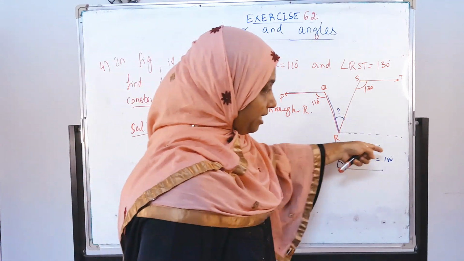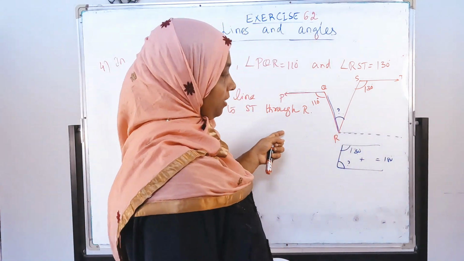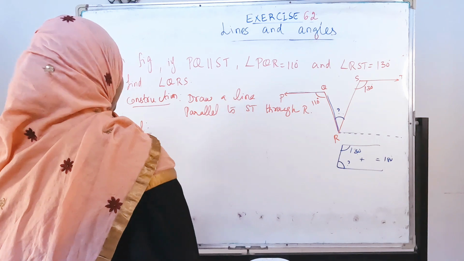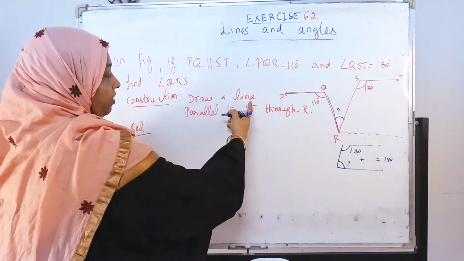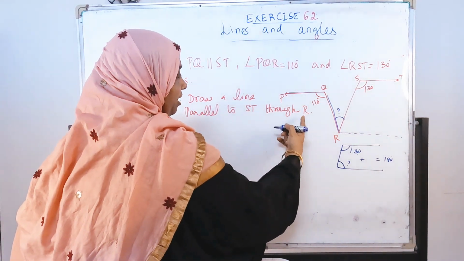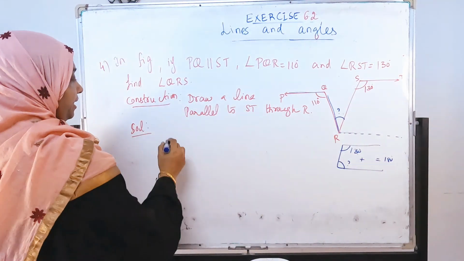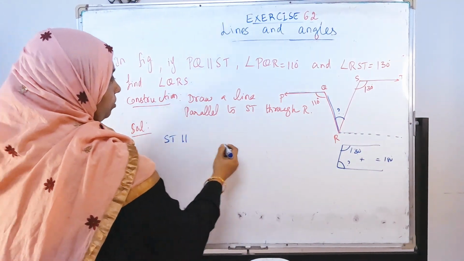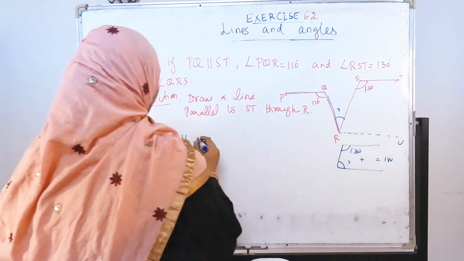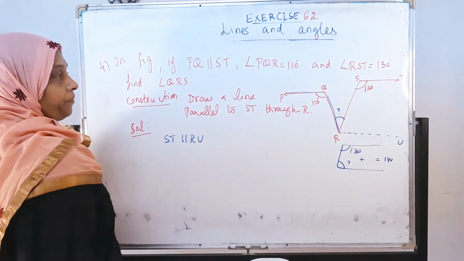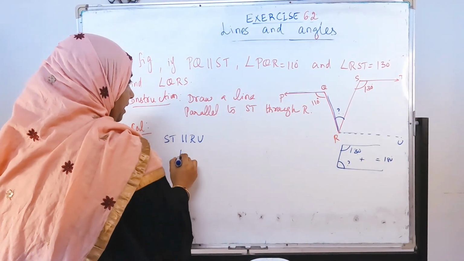Then only this side we are drawing, not this side. So first we are doing the construction: draw a line parallel to ST through R. ST is parallel to this RU, you will name it. Parallel to RU.